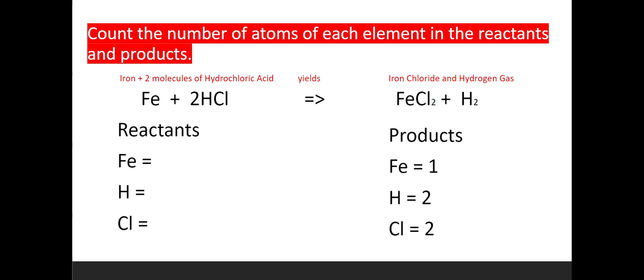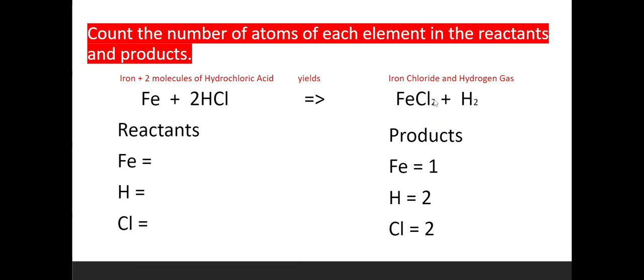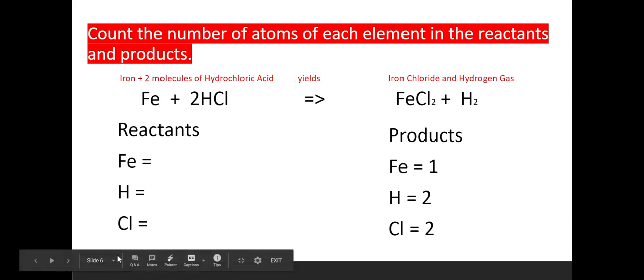And then there should be 2 chlorine atoms, right? The subscript tells us that there's 2 atoms bonded together in this molecule. How about hydrogen gas? There's 2 atoms of hydrogen gas. And are those the same numbers we wrote over here? 1, 2, and 2? Okay, good.